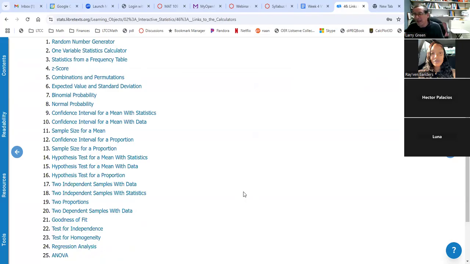It's always important you're using the right calculator. Yeah, this is 8, normal probability. I tried to make it obvious. I made this calculator, and I tried to make it really obvious which one to use by using words that relate to what we're doing. And we're finding a probability of a normal distribution. There's a normal probability.